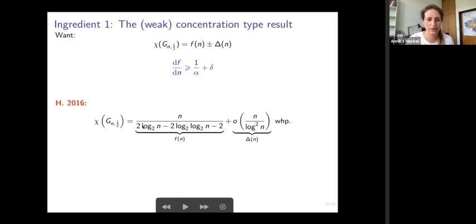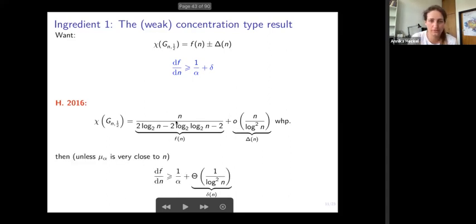So we have this estimate for the chromatic number, which holds up to this error term. And if you take the derivative of this estimate, it's sufficiently larger than 1 over alpha by this much leeway, unless the expected number of alpha sets gets very, very close to n. So it doesn't get us all the way up to n, but it gets us fairly close.